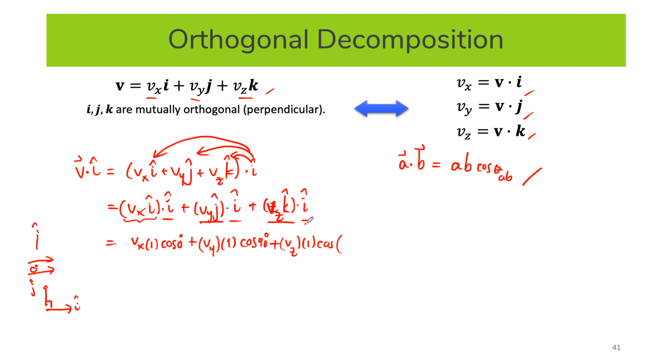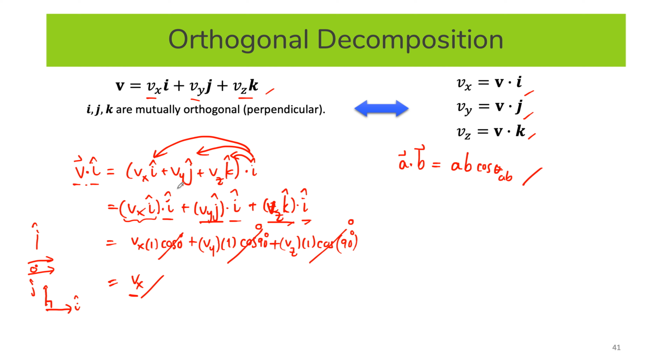Again, i and k are orthogonal, their angle is 90 degrees. So this term goes to 0 because cosine 90 is 0. So is this term. Cosine of 0 is 1. So we are left with vx only. There you go. We have shown that vx is equal to the vector v dot the unit vector i.